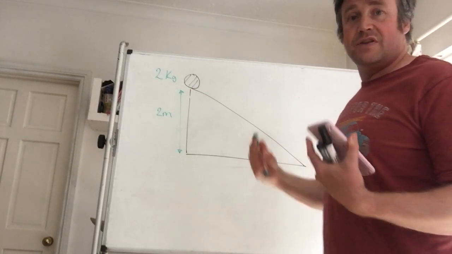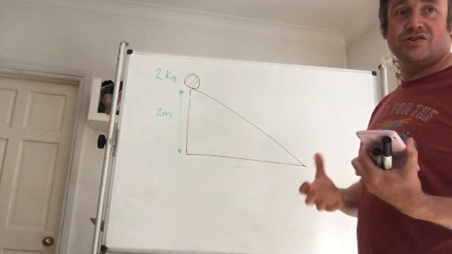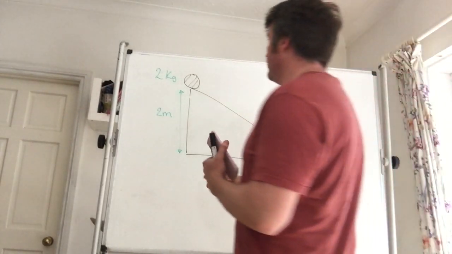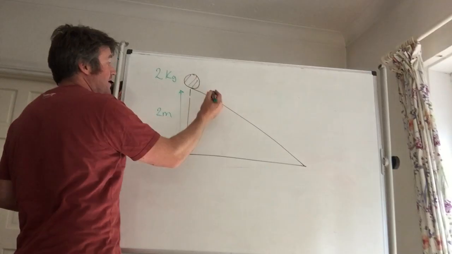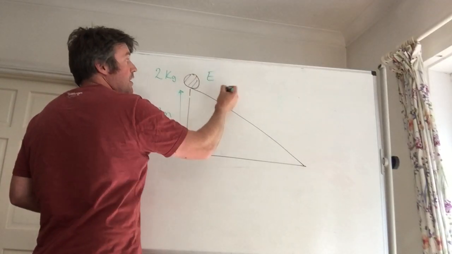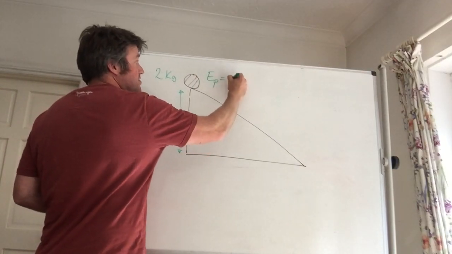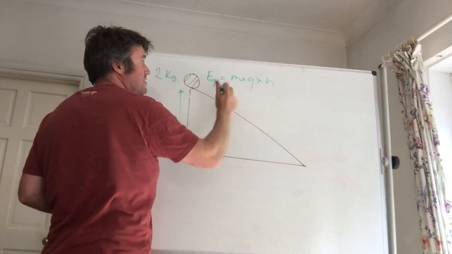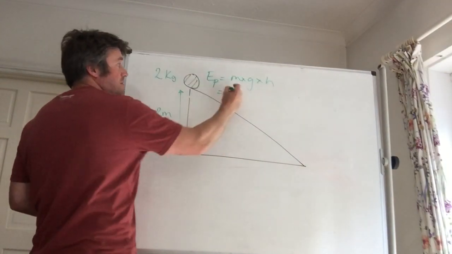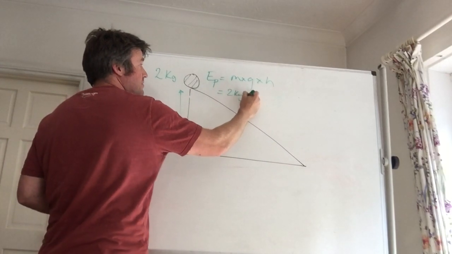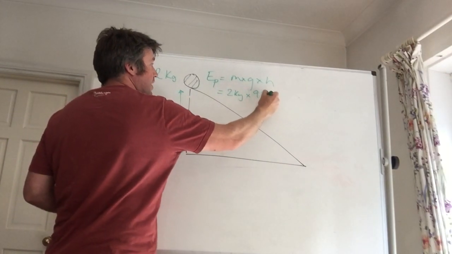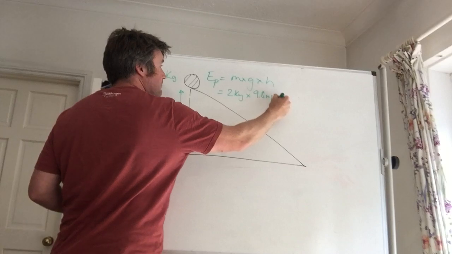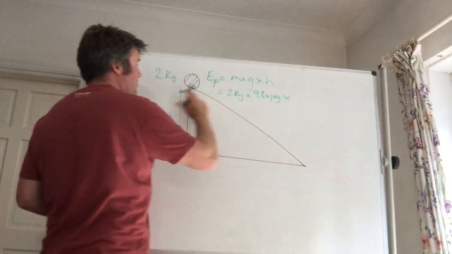So first thing we've got to do in this is work out the gravitational potential energy at the top of the hill. So that's using our equation. Gravitational potential energy is mass times gravity times height. So m times g times h. So mass of this is 2 kilograms times gravity, 9.8 newtons per kilogram, times the height.